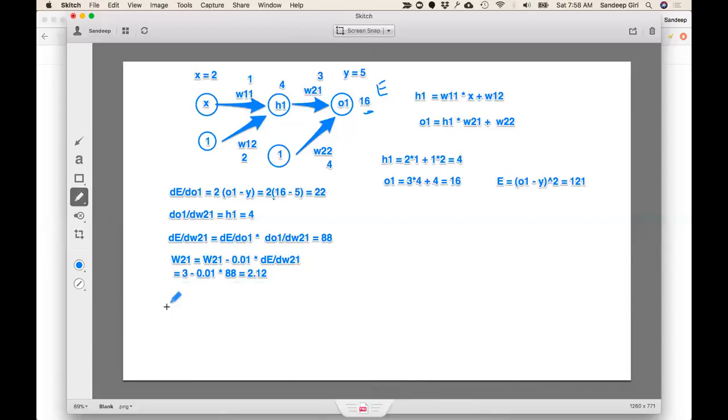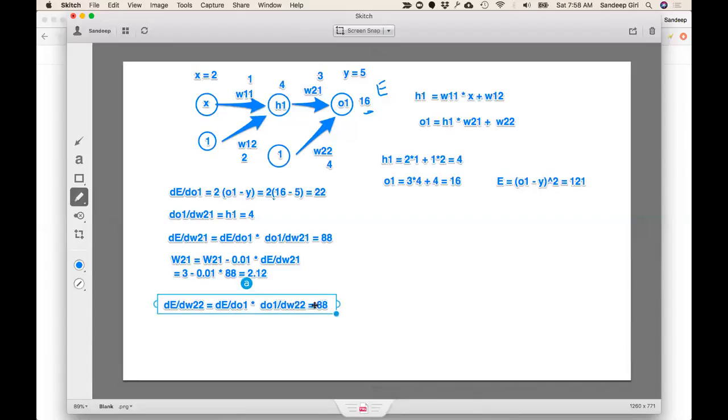Now, similarly, we will have the expression for the second part. We'll say rate of change of error with respect to the second variable is equal to rate of change of error with respect to O1 and rate of change of O1 with respect to the second one.